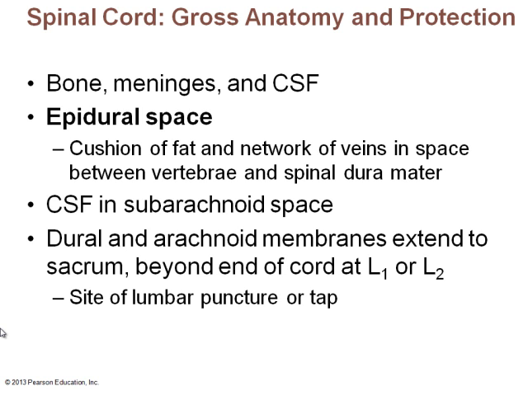And then, of course, we have the sacrum and the coccyx, but they're not really providing protection for the spinal cord proper. They're providing protection for all of those nerve groups that feed into the spinal cord.